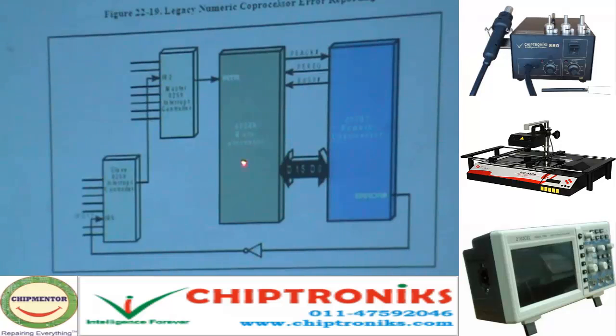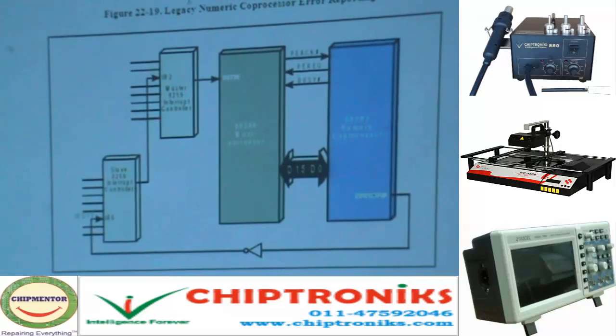The microprocessor and the numeric coprocessor interact through these bits. While the coprocessor is processing the data, it generates a busy signal, and when it gets an error, it feeds that error to the interrupt controller. That interrupt controller will release the interrupt, which lets the CPU know what to do, and it will clear the busy signal. This is the legacy numeric coprocessor handling.